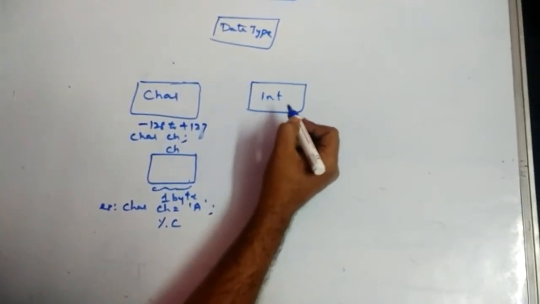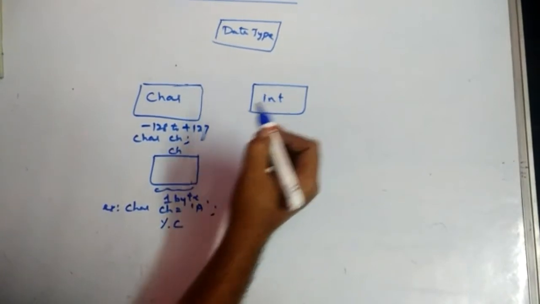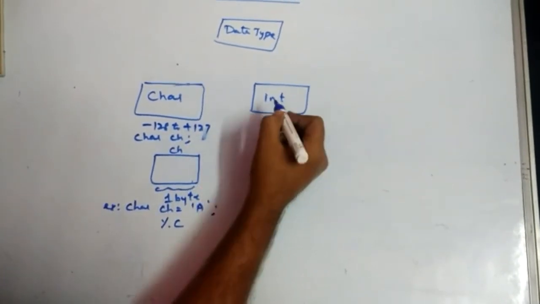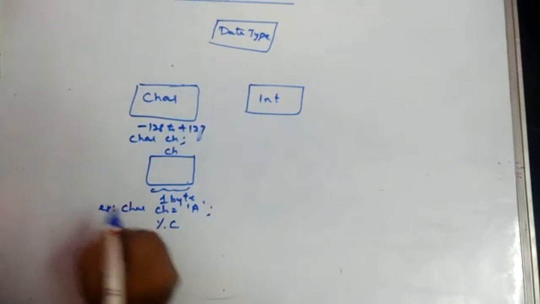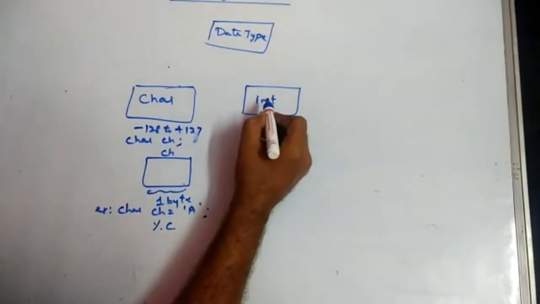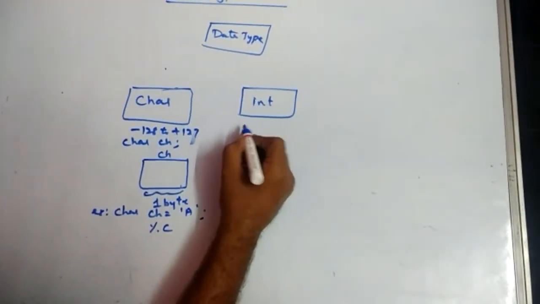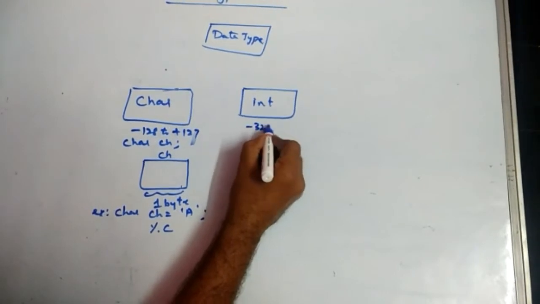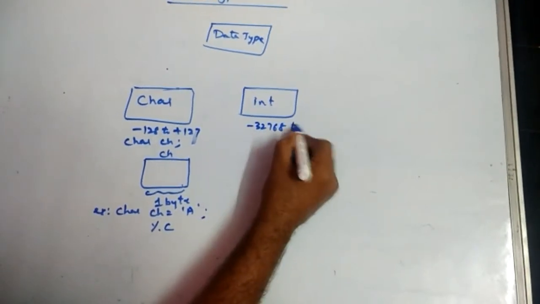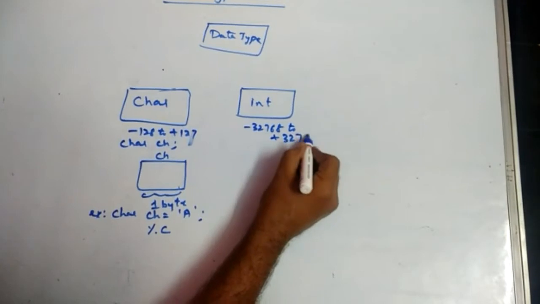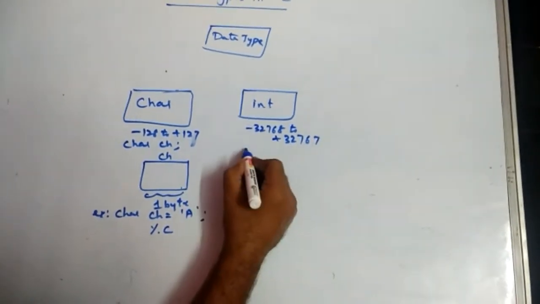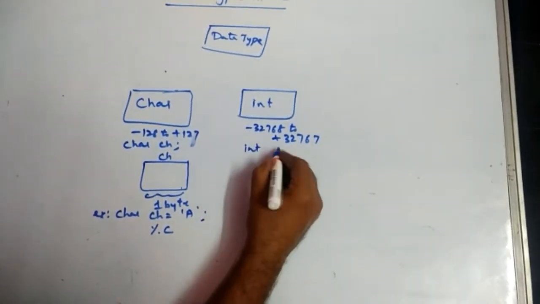Generally whenever you want to store a whole number, we go for using an integer data type. The keyword used here is int. The range of integer starts from -32768 to +32767. For example, int a.